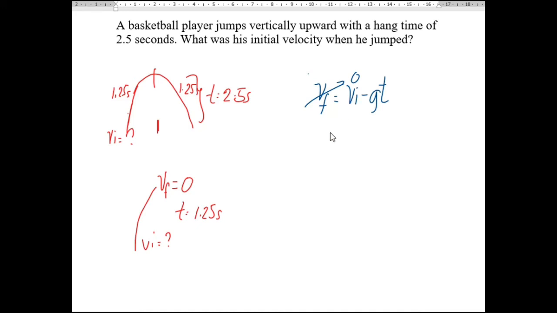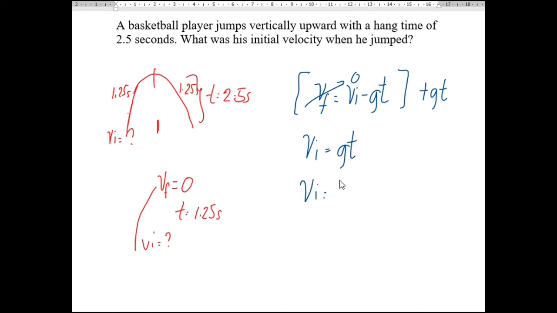So let's derive an equation. Vi now, I will transfer this negative Gt on the other side. So magpa-plus ako ng Gt on both sides. So this will become positive, and then this will just become Vi. So Vi now is just equal to G times time.